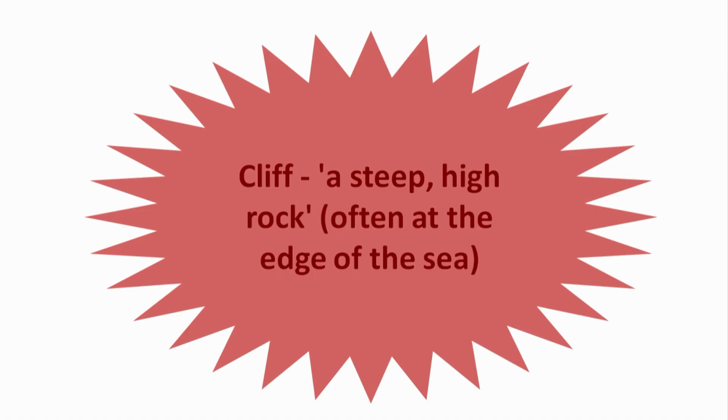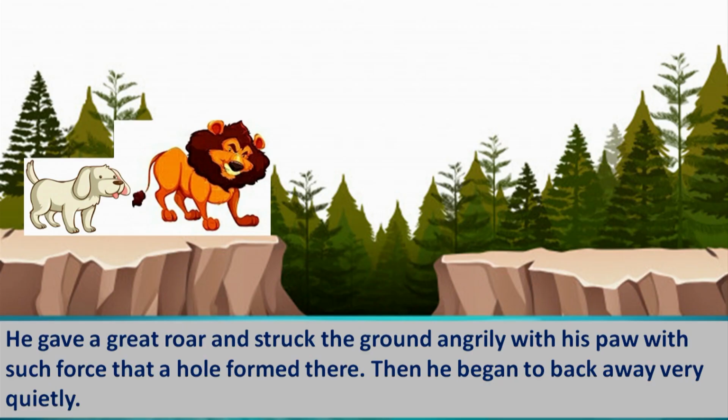Yes, cliffs means a steep, high rock, often at the edge of the sea. He gave a great roar and struck the ground angrily with his paw with such force that a hole formed there. Then he began to back away very quietly.